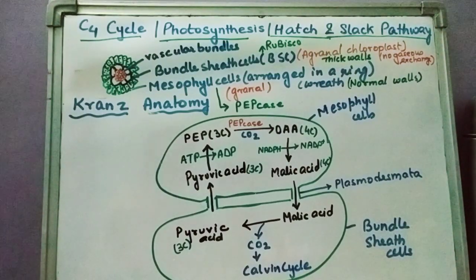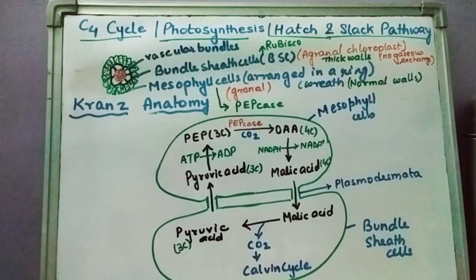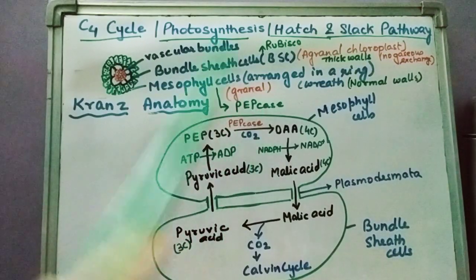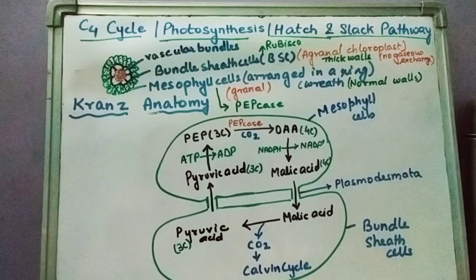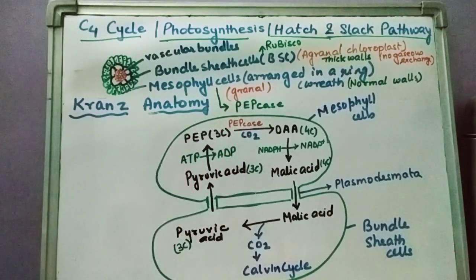But here we have to see that bundle sheath cells have Rubisco, but mesophyll cells have another enzyme called PEPcase. They don't have Rubisco in them. Hence no Rubisco, hence no Calvin cycle will be performed in mesophyll cells. We will come to that later in the cycle.